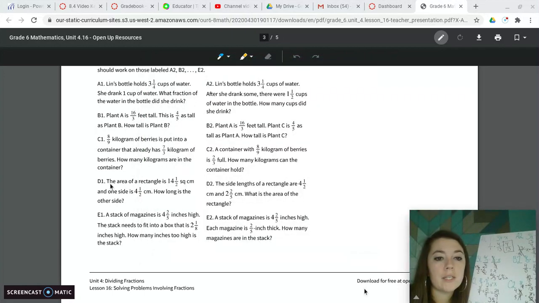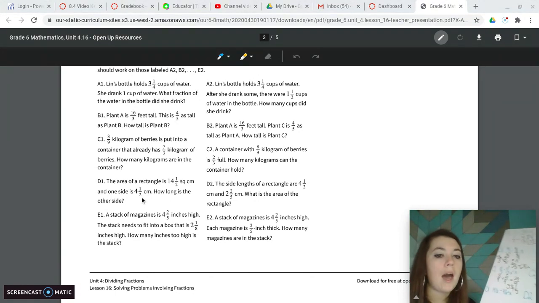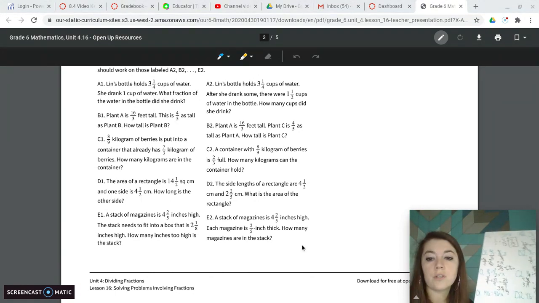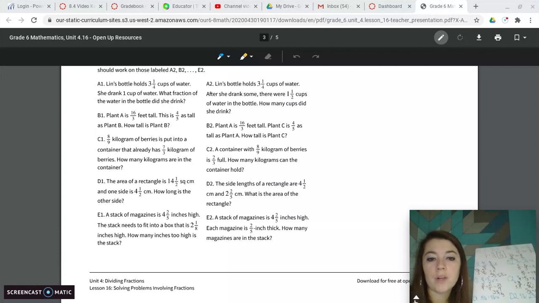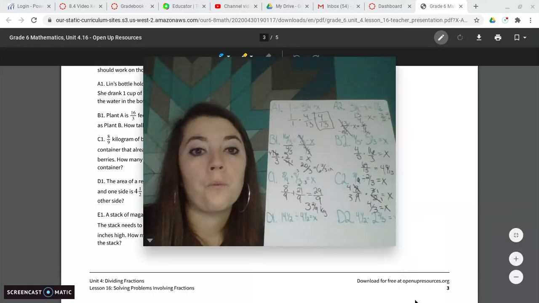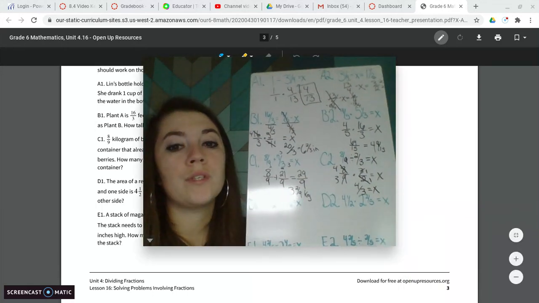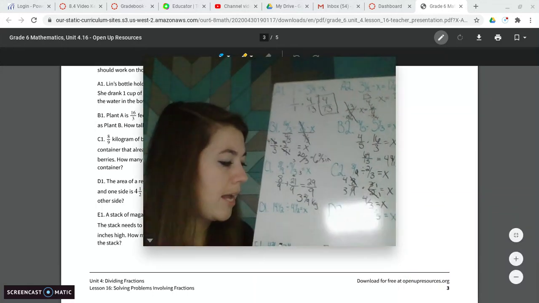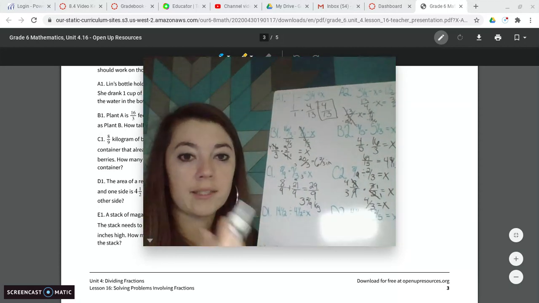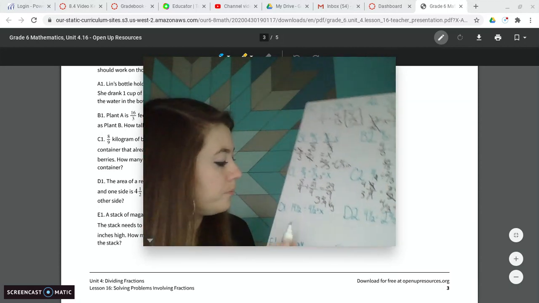All right, D1. The area of a rectangle is 14.5 square centimeters and one side is 4.5 centimeters. How long is the other side? So the entire area is length times width, or one side times another side. So we need to take the area and divide it by its side length to find out the other side.